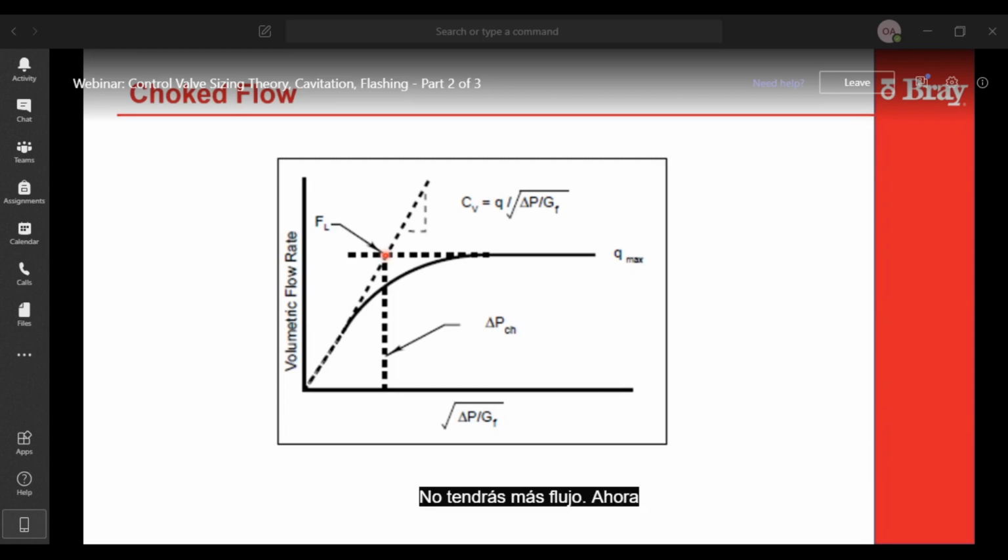You won't get any more flow. Now, if you increase the upstream pressure, you can get more flow, but you'll hit another point where the gas will increase enough to where it will choke the flow, and then you'll stop passing any more fluid. Is it at this point, Ralph? Yep. Okay.